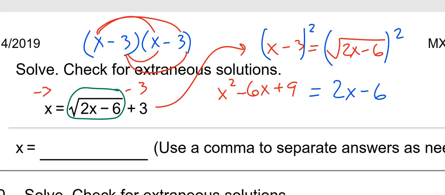Well, I agree with you that the outside would give me minus 3x, right? What did the insides give me? That's another minus 3x, right? So what's minus 3x and minus 3x? Negative 6x. And then negative 3 times negative 3. Okay, write that down. Combine those two like terms.